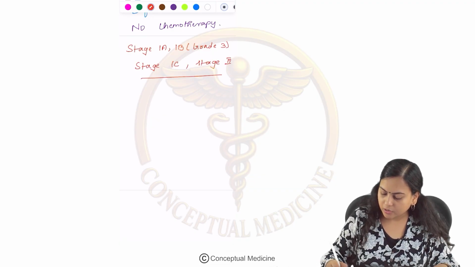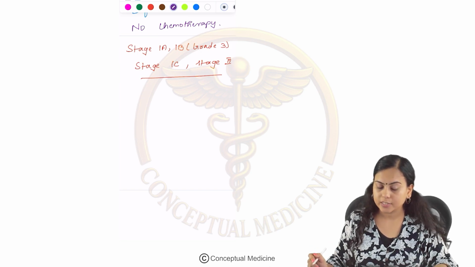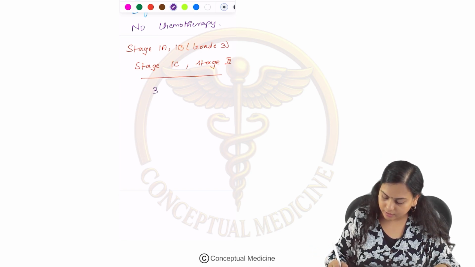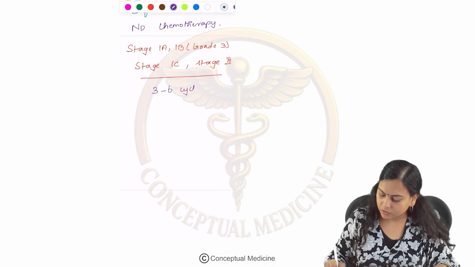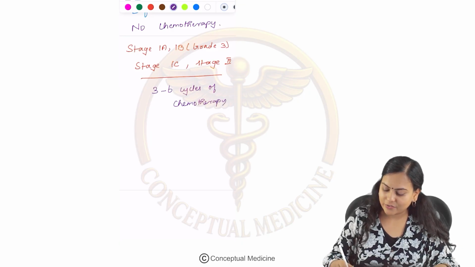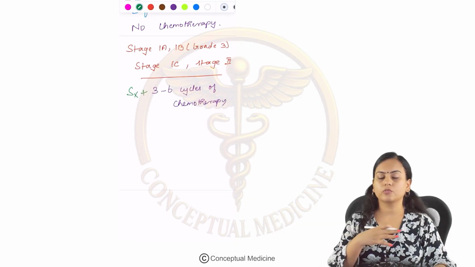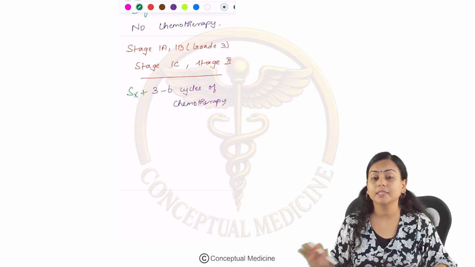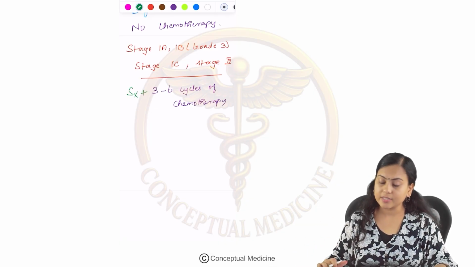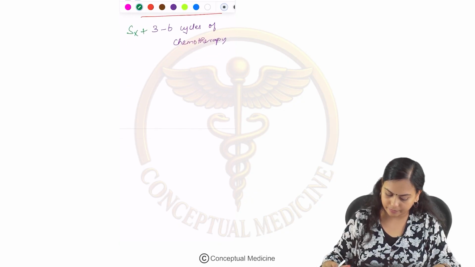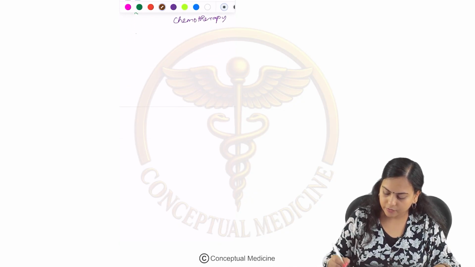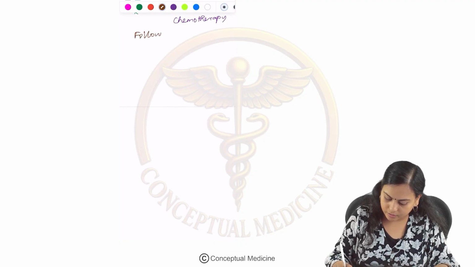Okay, so in all these stages what you will do is you will give 3 to 6 cycles of chemotherapy. Okay, obviously yes, surgery will be performed. You have to do all the staging laparotomy as I said, but that will be followed by 3 to 6 cycles of chemotherapy.